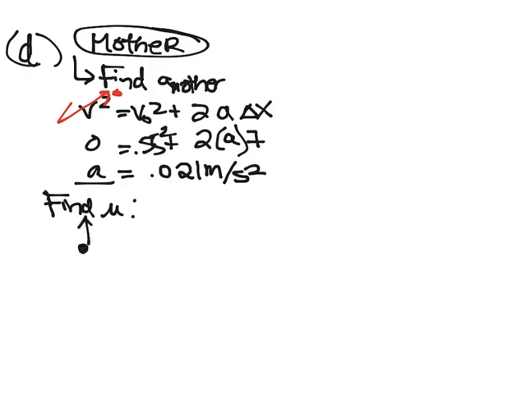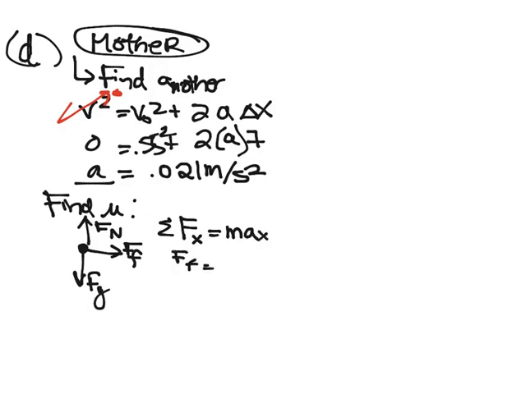I have, of course, Fn and Fg, and then friction is acting opposite of the direction she's moving. In the x direction, sigma Fx equals max, I see that Ff is equal to her mass times her acceleration in the x direction.